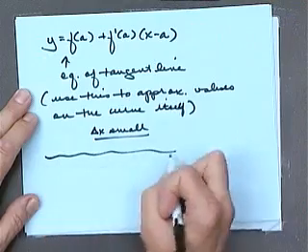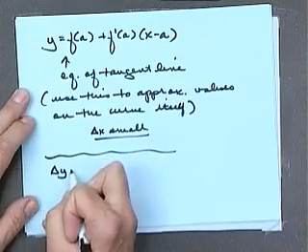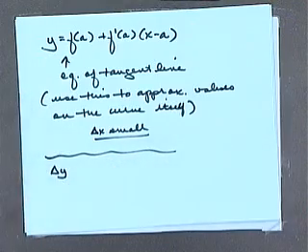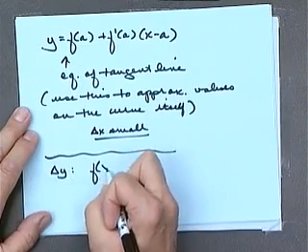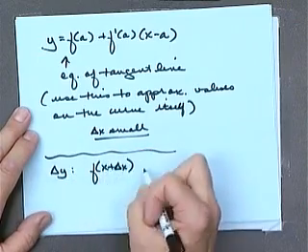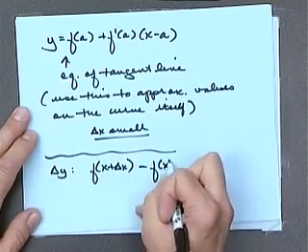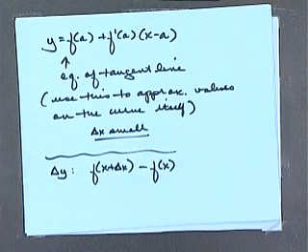Now, if all we want is the exact change in y, that's delta y. If all we want is the exact change in y, and we have the information to do it, then we could just take the final y value and subtract out the initial y value. That's the exact change in y.